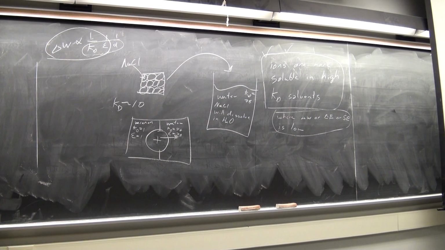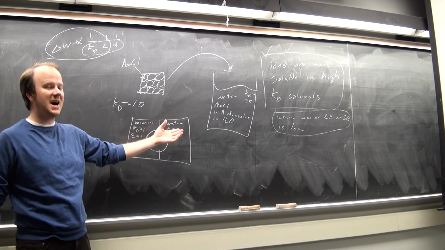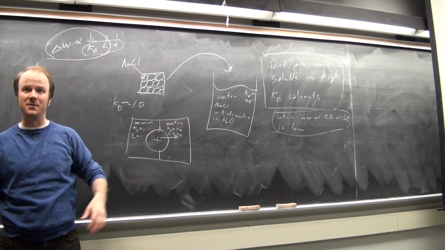Let's see, 1 over 1 is way out here at 1, right? So is the solubility in vacuum high or low? Low. Super low, right? There's hardly any. And high dielectric constant is way up here. So the reason that the ion wants to go into the water is because of the high dielectric constant. That's why it wants to go there.